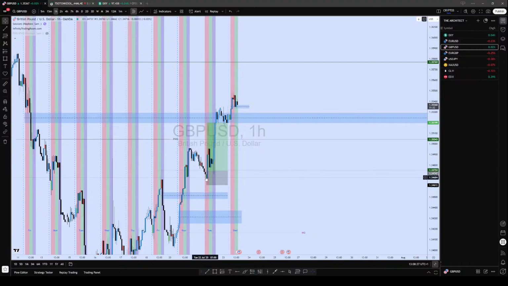British pound has been my favorite so far. Yesterday we talked about this order block sending price to 1.35199, and we got that nicely. I'm still riding that trade.